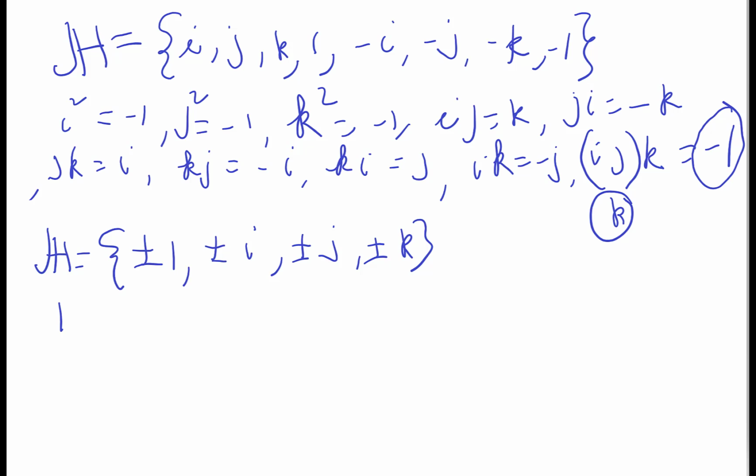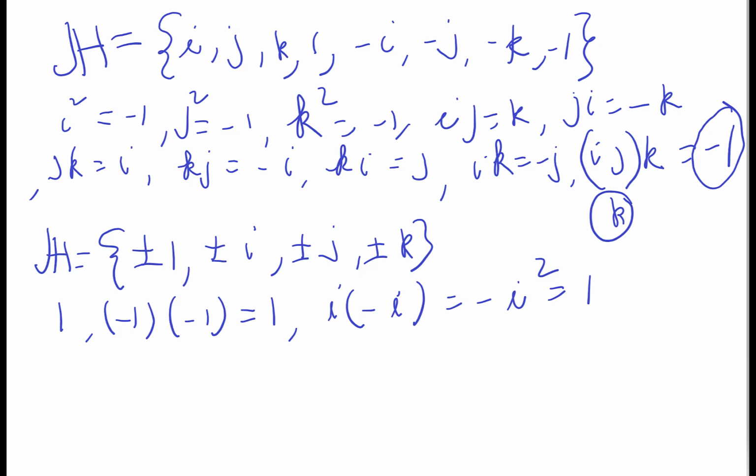So 1 is the identity, and -1 is its own inverse. But the others behave differently. Like for i, the inverse is -i, that is, -i squared is 1. Same with j and k, their negatives are their multiplicative inverses with this multiplication by Hamilton.